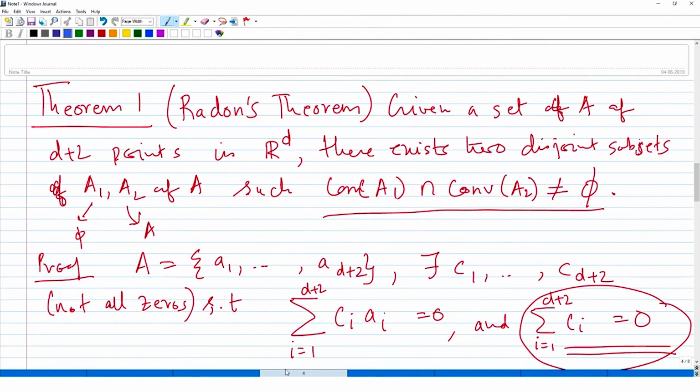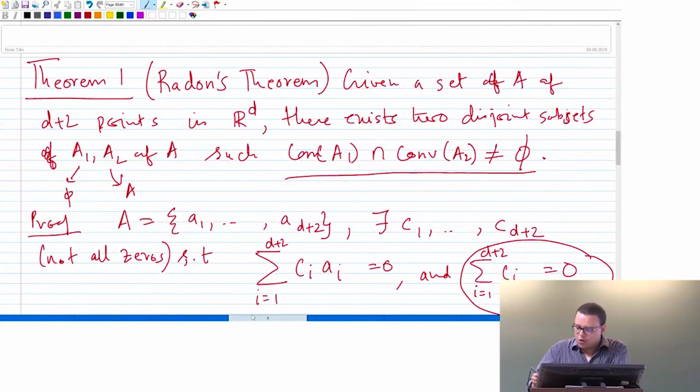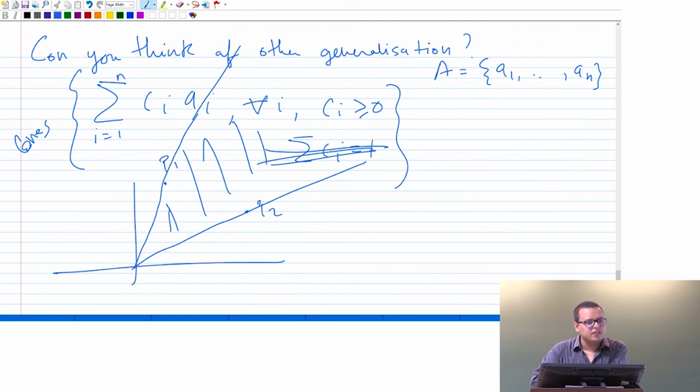The set is in R^d, size of the set is d plus 2. What happens if I take d plus 1 points? See, there exist d plus 1 points in R^d that are affinely independent.